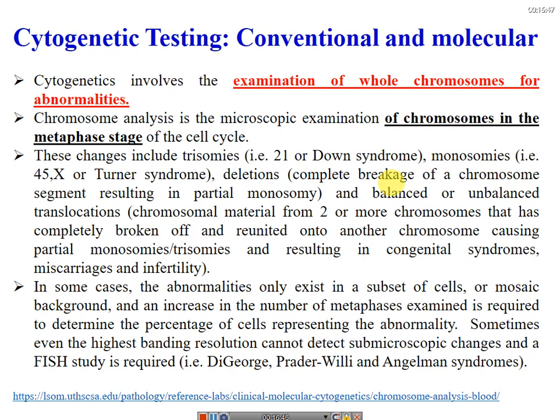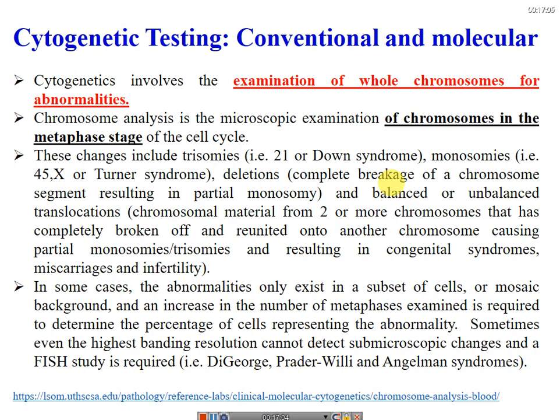In some cases, the abnormality exists only in a subset of cells; all of the body cells are not carrying that abnormality. Only a subset of the population is having that abnormality.